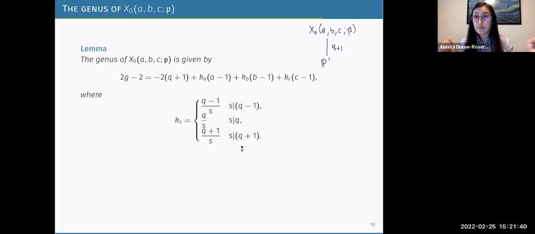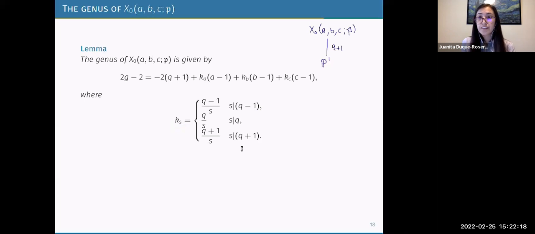Every point wants to have as much ramification as it can, but there are some divisibility issues. So it has as few fixed points as it can have, and then all the other orbits have length A or B or C. That's what this case means. Depending on the divisibility conditions, you have just 1, 0, or 2 fixed points, and then everything else lives in an orbit of length S.